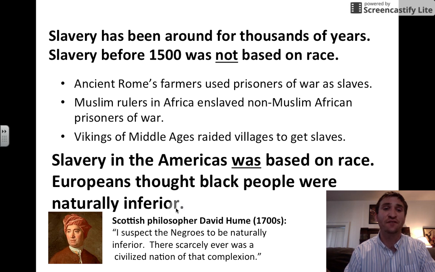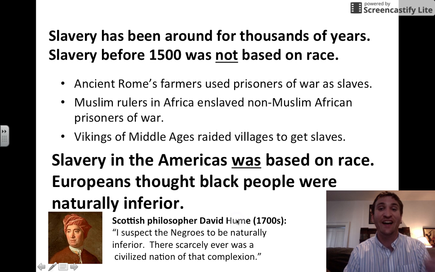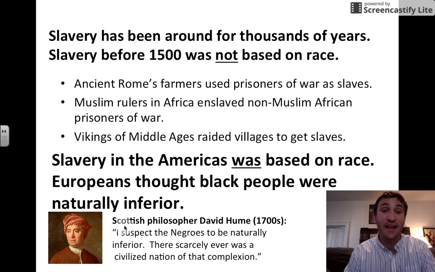And there's a philosopher from Scotland named David Hume who is read by a lot of people in the 1700s. And this is what he says about the African people. He says, I suspect the Negroes to be naturally inferior.